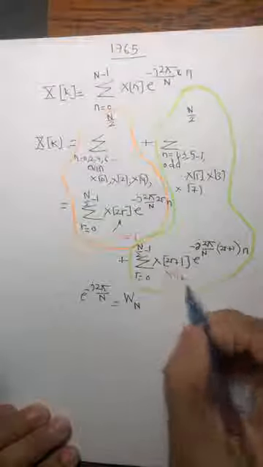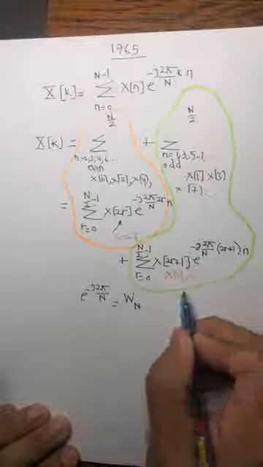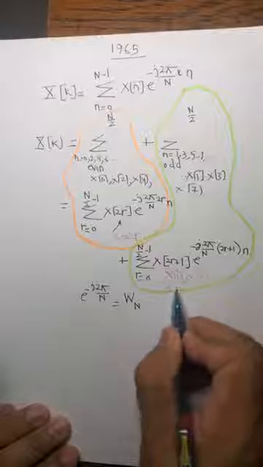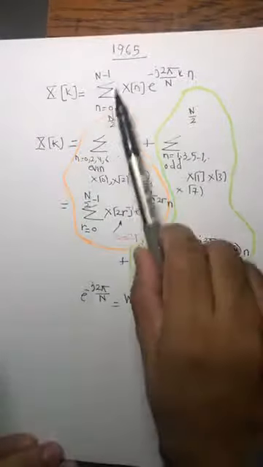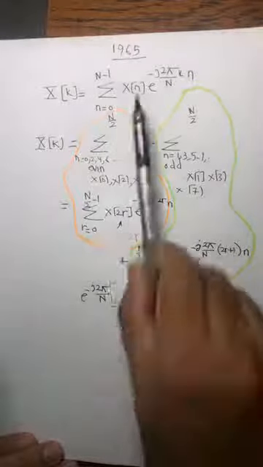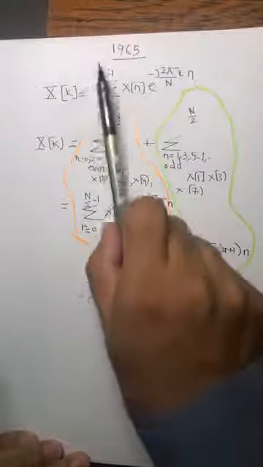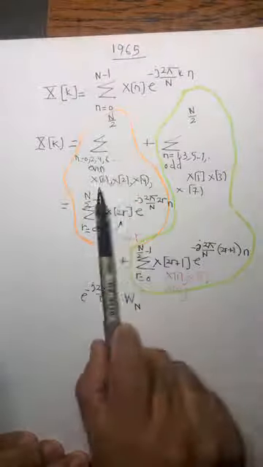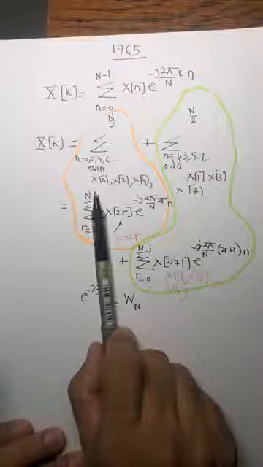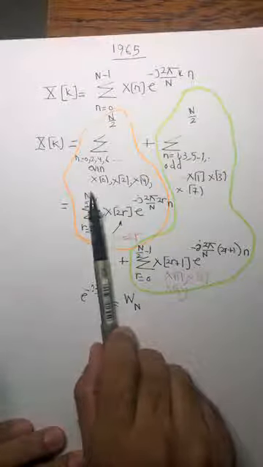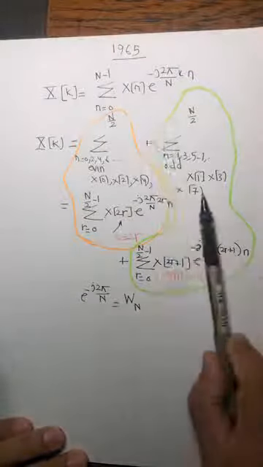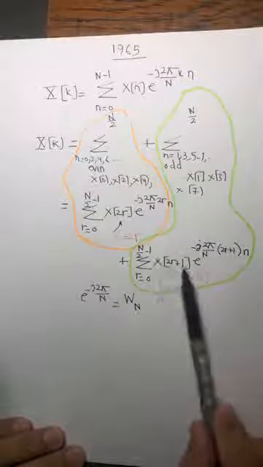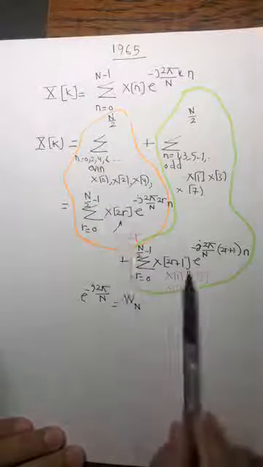Once you put r equal to 1, you get x of 3. r equal to 2, you get x of 5. So it seems very logical and simple to understand that a summation which runs from 0 to n minus 1 is split into two halves. One half is calculating the summation for even indices, the other half is calculating the summation for odd indices, and then you have mathematically written it like this.